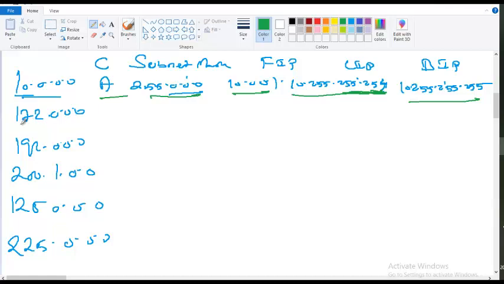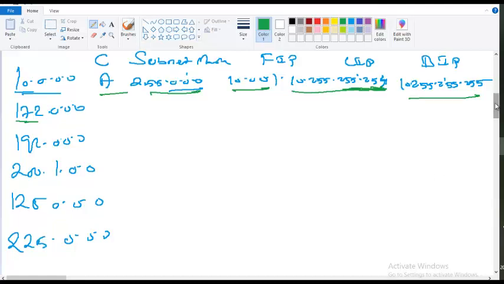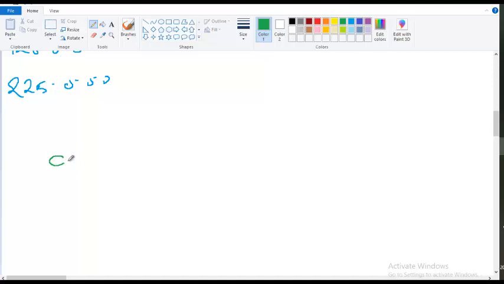This is 172. 172 is in class B. In the previous class we saw the ranges: class A is 1 to 126, and class B is 128 to 191.